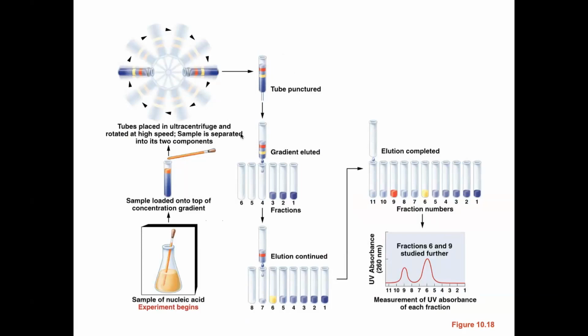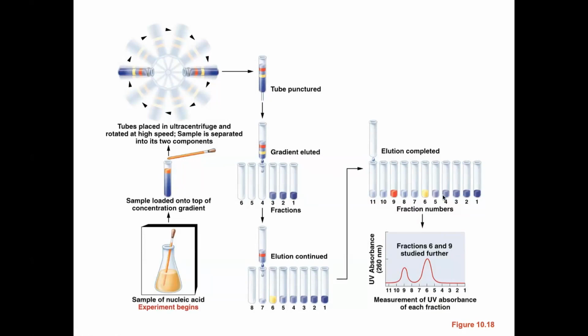In any event, the first thing you do, or at least the old way of doing this, is poke a hole in the bottom of the centrifuge tube and collect fractions. So in tube 1, you might collect the first 3 drops from that gradient, the next 3 in tube 2, the next 3 in tube 3, and so on, all the way through, in this case, 11 different tubes, to fractionate the gradient.